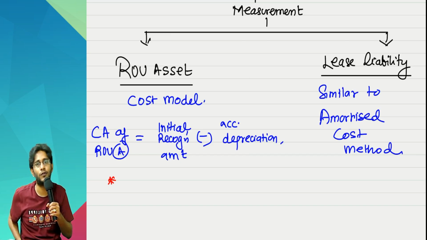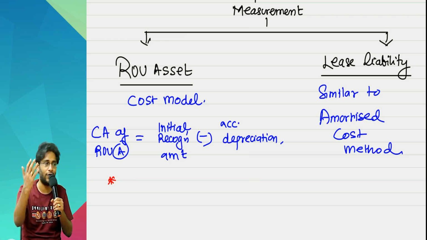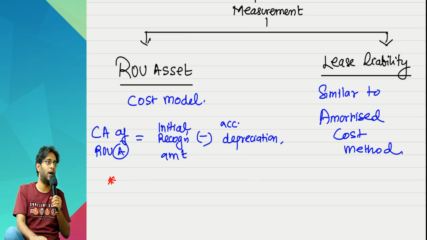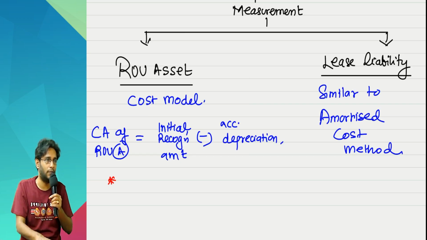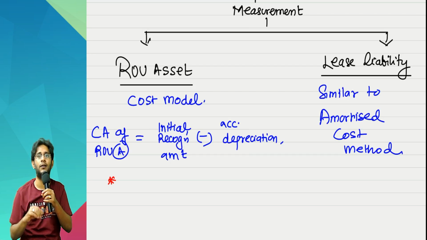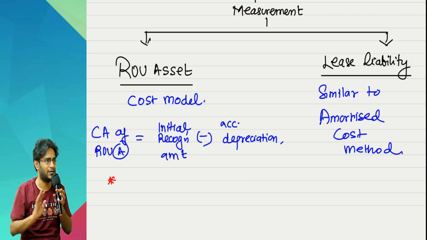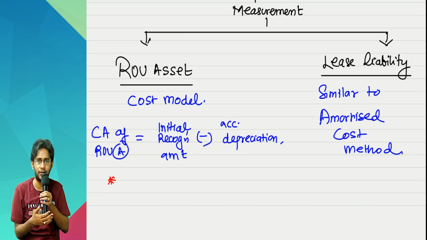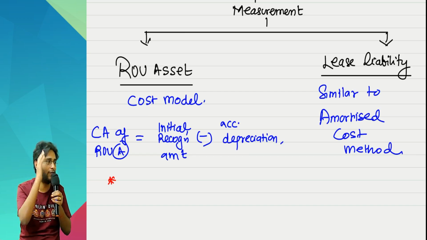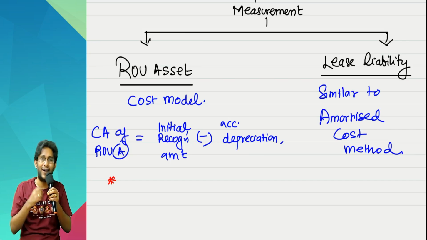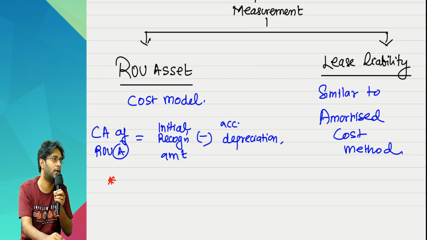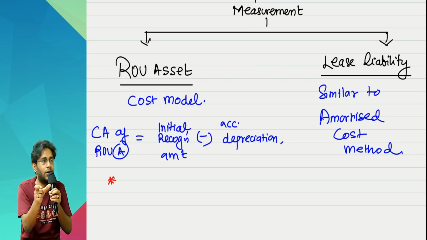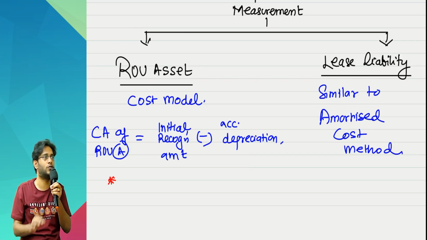In that case, you have to depreciate the asset over the life of the asset. The answer is, if you are going to become the owner of the asset eventually, either automatically or by payment of an option price, whatever the reason, then you must depreciate the ROU asset throughout the life of the asset and not over the lease period. If the asset reverts back to the lessor at the end of the lease period, then definitely depreciation must be provided only during the lease period itself. So there you should be a little careful.